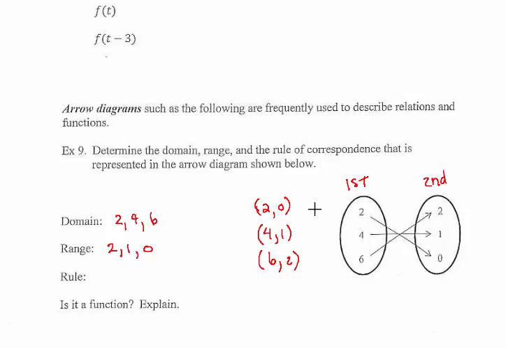Well, let's see. If we looked at the difference, then we could say to get 0, we started out and subtracted 2 from 2 to get the second element. Next, if we took 4 and subtracted 3, we would get the 1. And then finally, if we took 6 and subtracted 4, we would get 2.